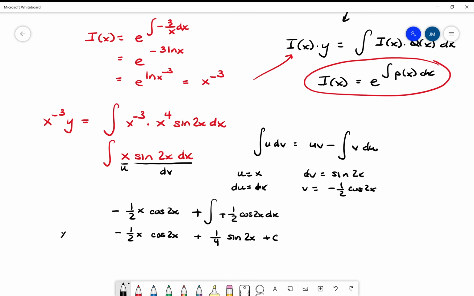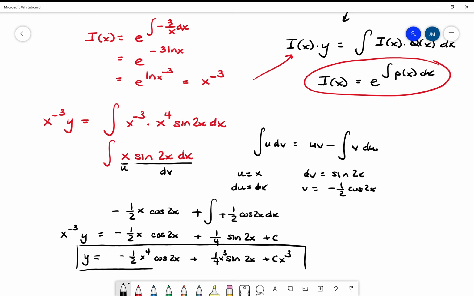And now x to the negative third times y is equal to this, and I'm just going to multiply both sides by x to the third: negative 1/2 x to the fourth cosine 2x plus 1/4 x to the third sine of 2x plus c times x to the third. So that is our general solution.